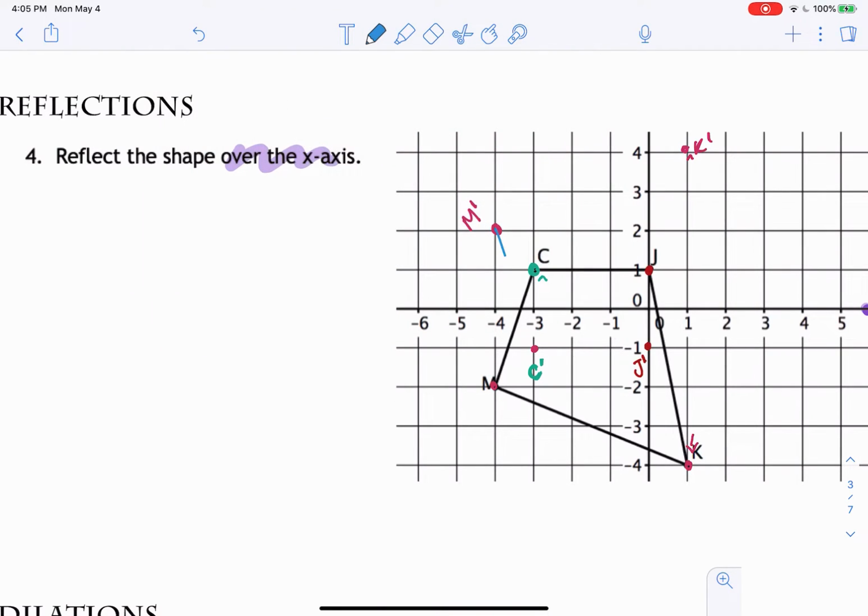So M prime to C, M prime to K prime, K prime to J prime, and C prime to J prime. So here we have our image that's been reflected over the x-axis. So each point is now on the opposite side of the x-axis.